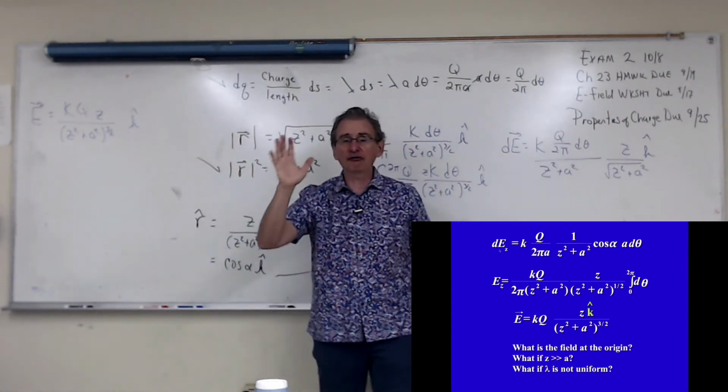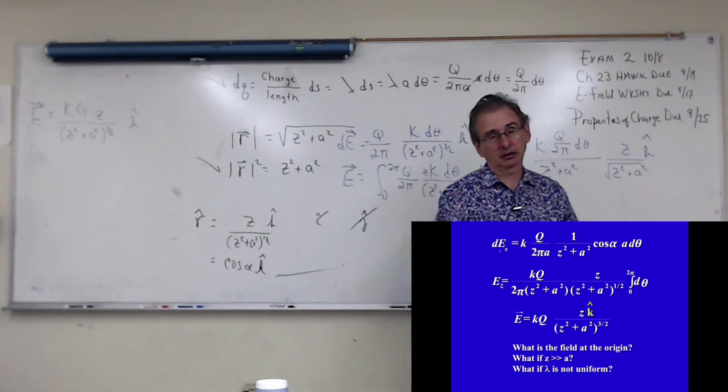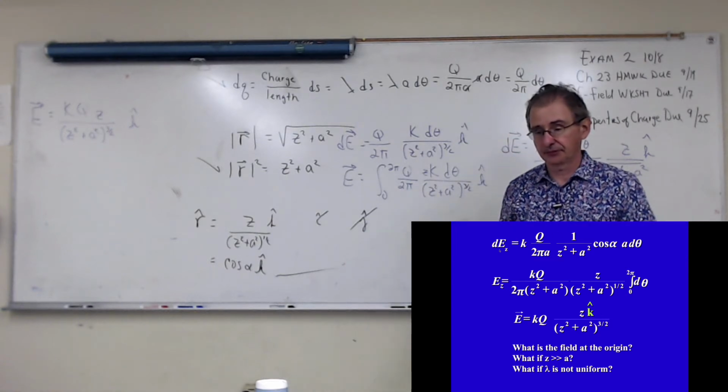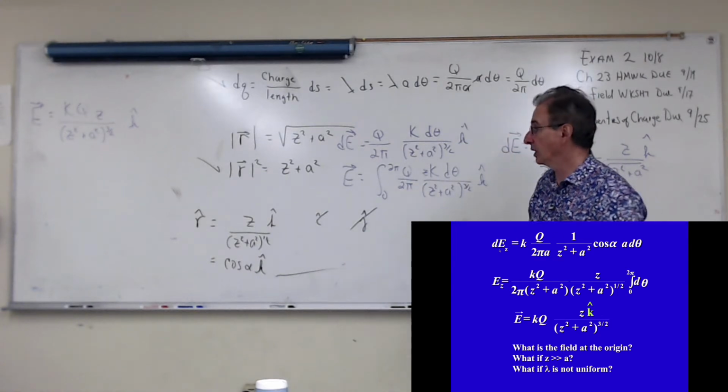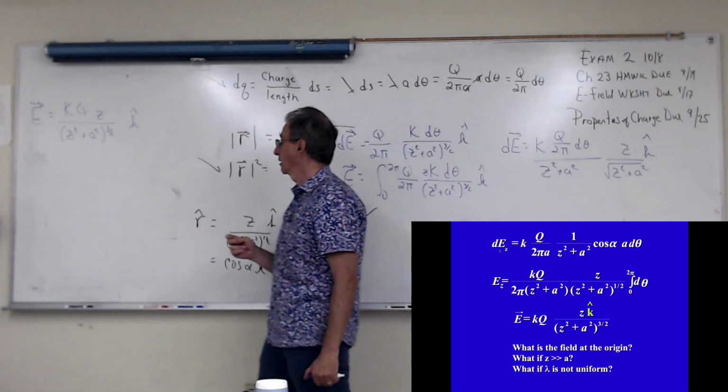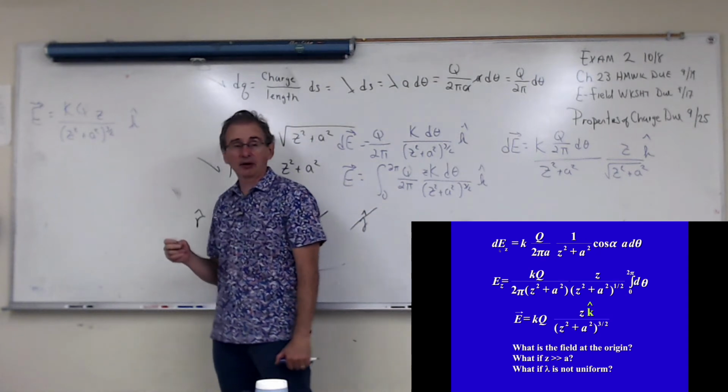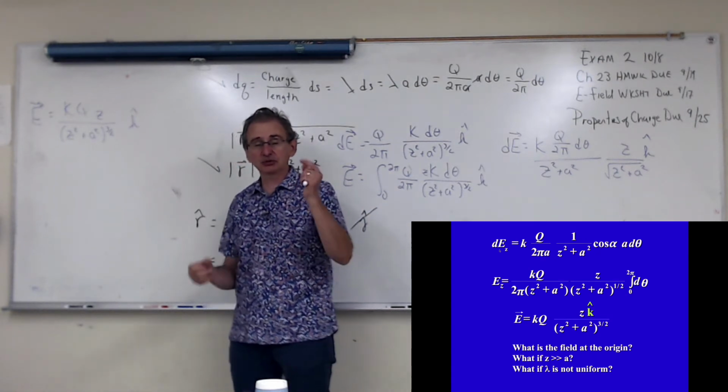What if you're really far away from the ring? What if z is really big?